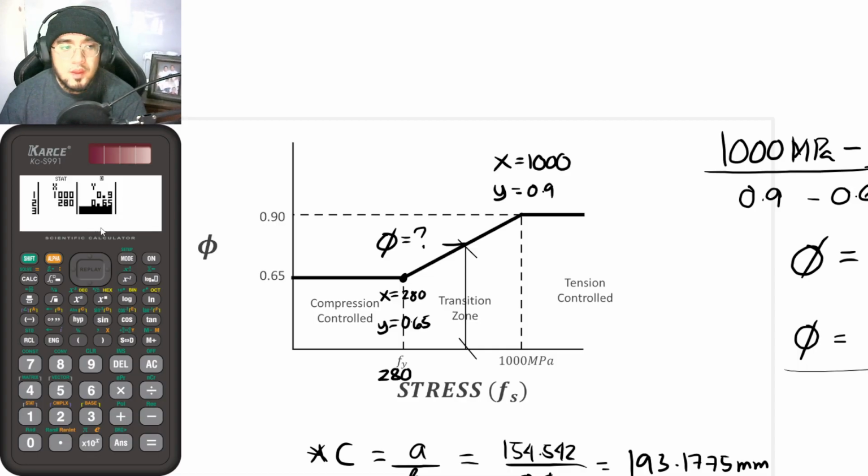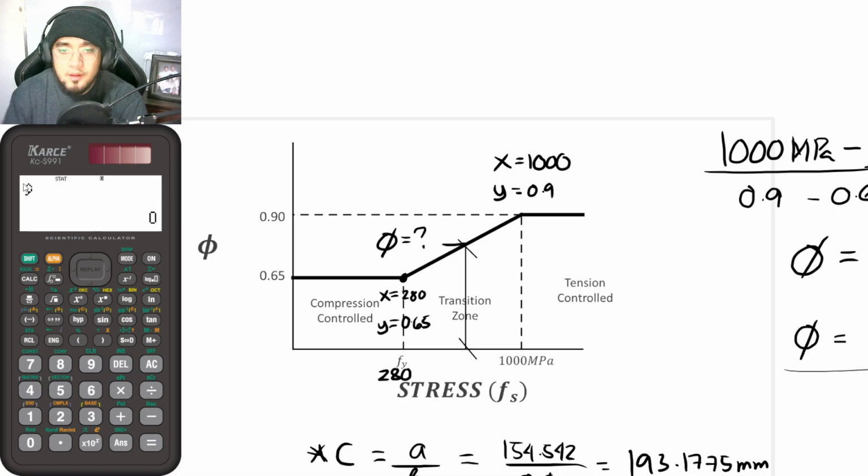Upon doing this, you can now press AC and clear it. Now you can go to the stat mode, so that is shift 1, then go to the regression, or 5 reg, and then 5 y caret. So what this does is that if you type the value of x, it will now solve for the value of y.